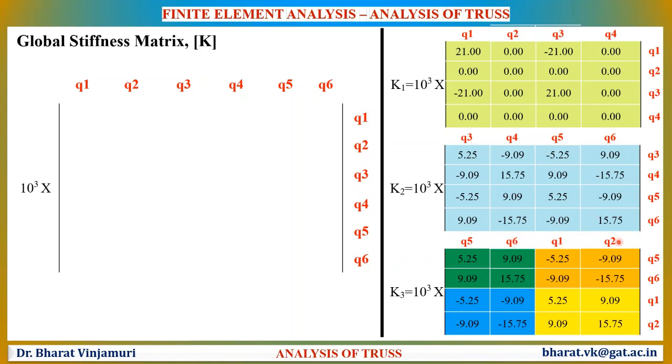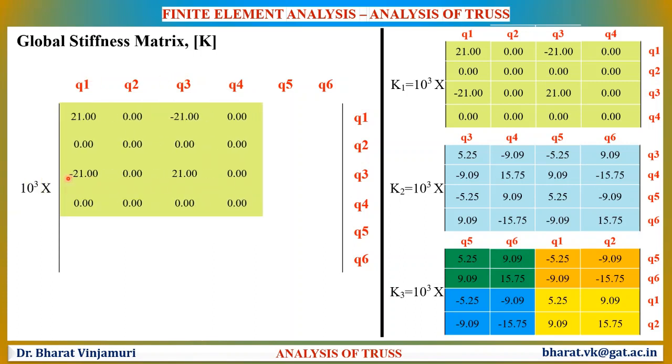Let us now understand how we assemble these matrices to form a global stiffness matrix. As usual, the first matrix is in between these vectors Q1, Q2, Q3, Q4, which goes in this area. Thus, these rows and columns are filled with the first stiffness matrix elements.